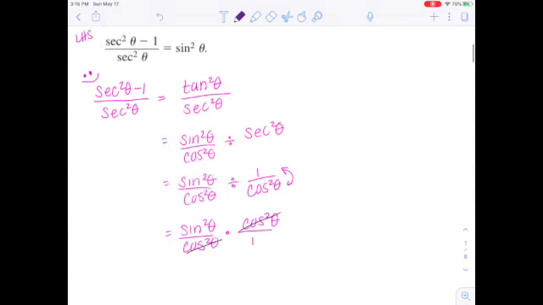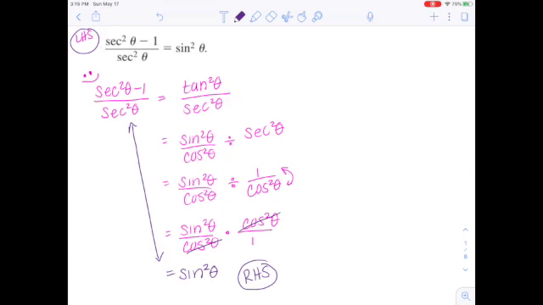So the cosine squared of theta cancels. And look, what do we have at the end? We're left with sine squared of theta. So we connected. We have a little proof story. We proved that the left-hand side is actually equal to the right-hand side.